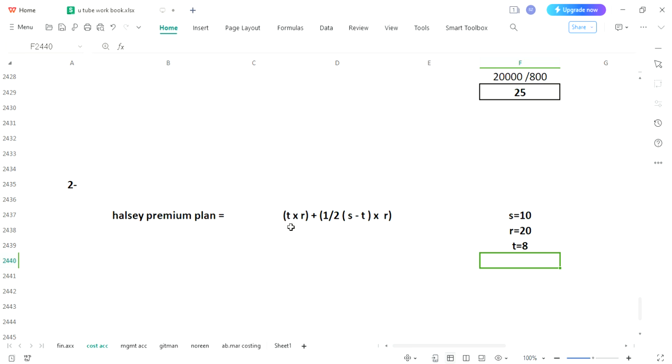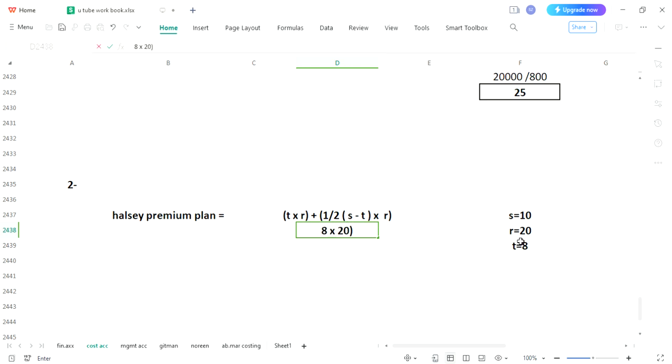This is your formula. First we will write down what to do. Very first thing is time taken, which is 8, and you need to multiply it with small r, which is 20. So let's put brackets over here.